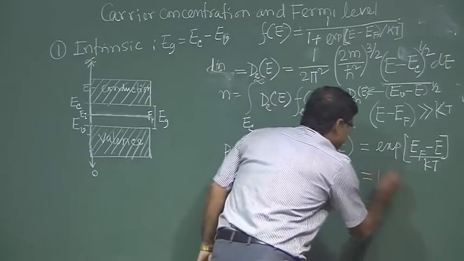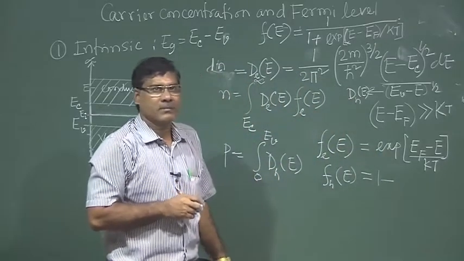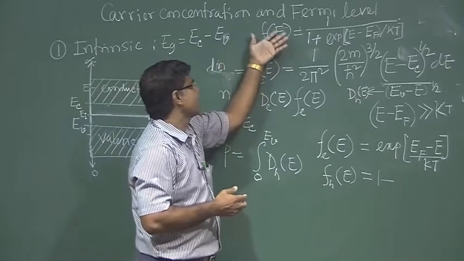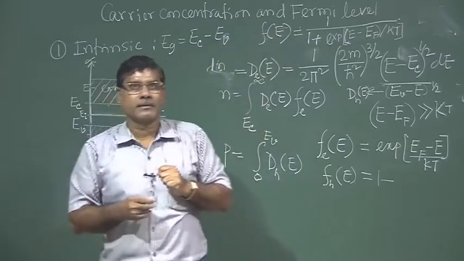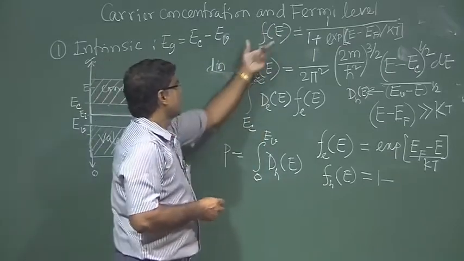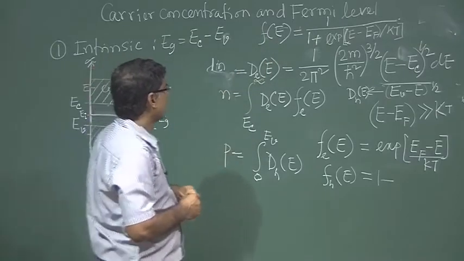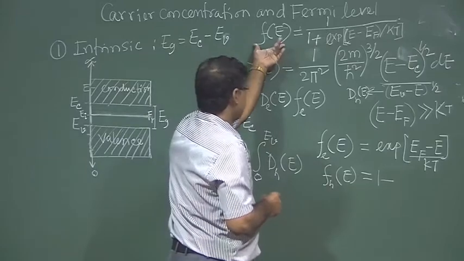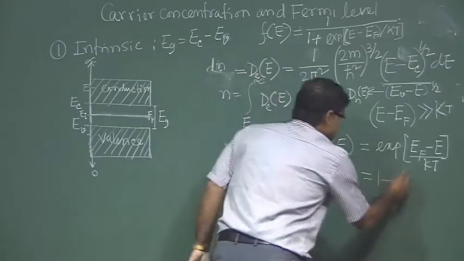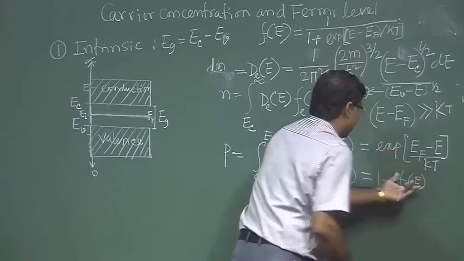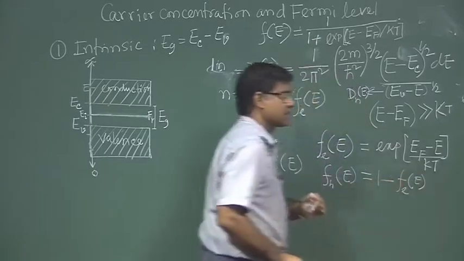Or generally what we do, 1 minus, because of this electron distribution, this Fe maximum value is 1, right. So, for hole it will be 1 minus Fe, whatever for electron. So, this 1 minus this. Okay.